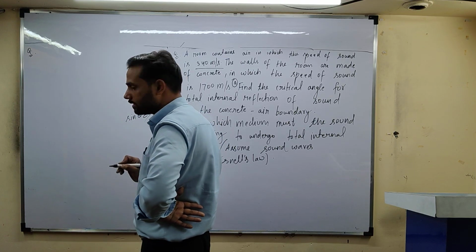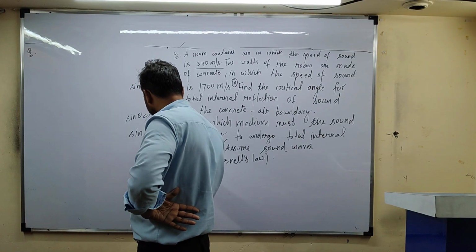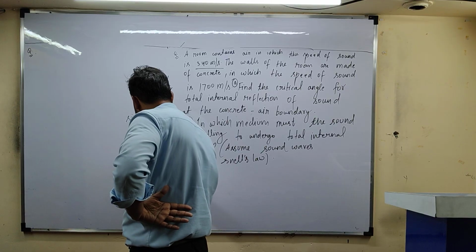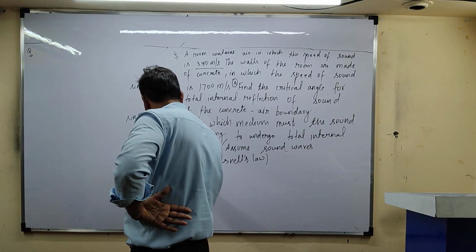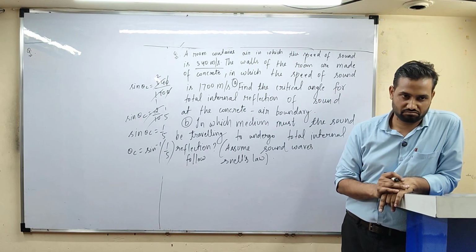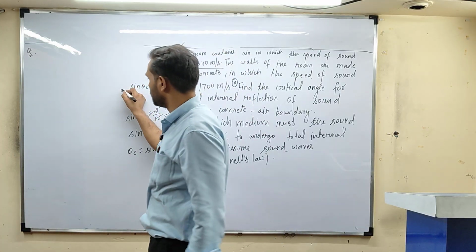So sine theta c equals 1 by 5, and theta c equals sine inverse 1 by 5. This is the answer. This one is A part.